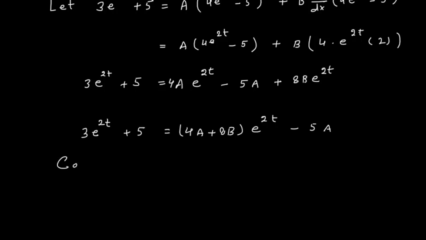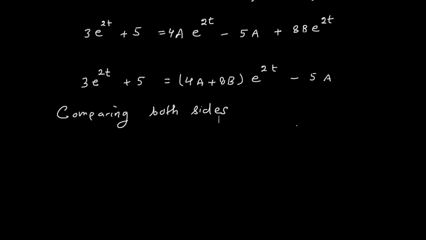So if I compare both the sides, we get minus 5a will be equal to plus 5, that is a equals minus 1, and 4a plus 8b is equal to 3.